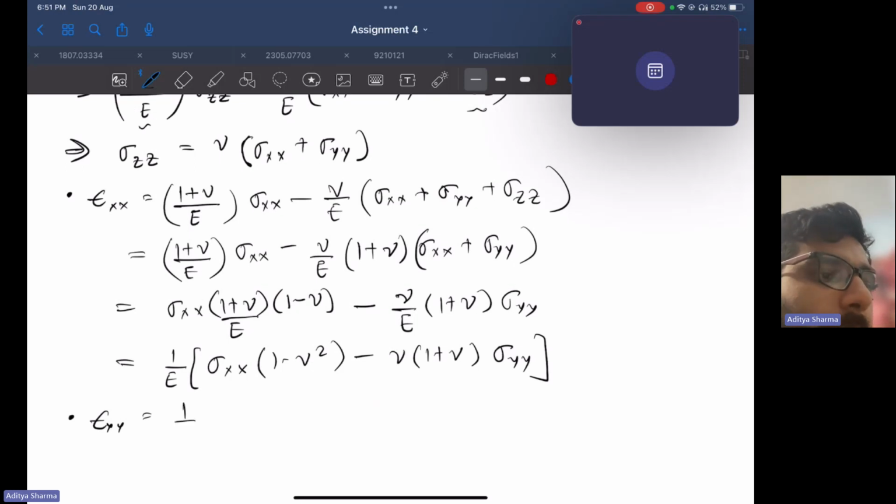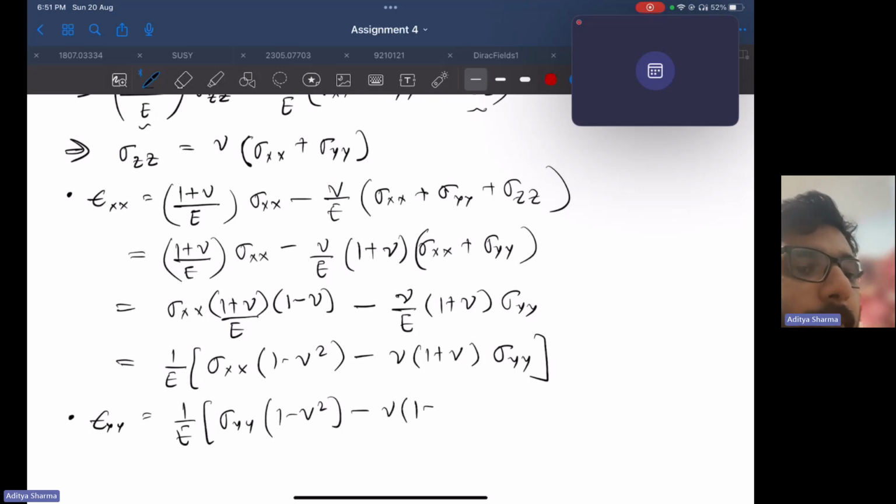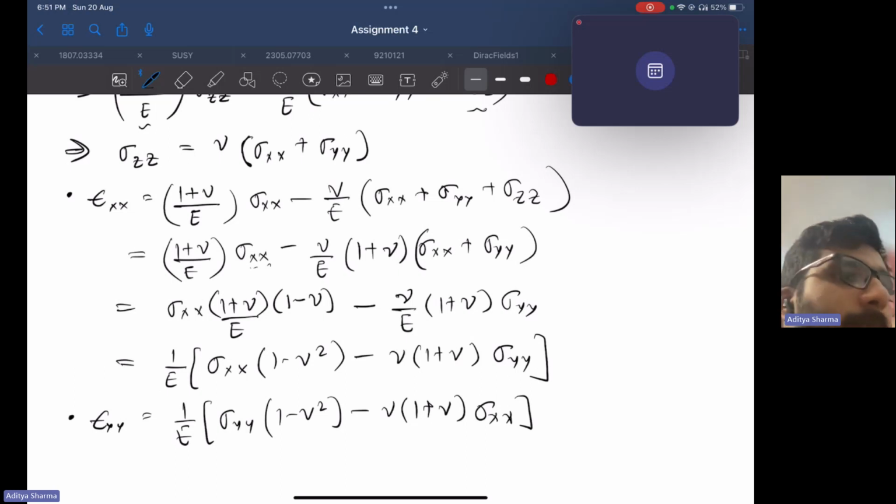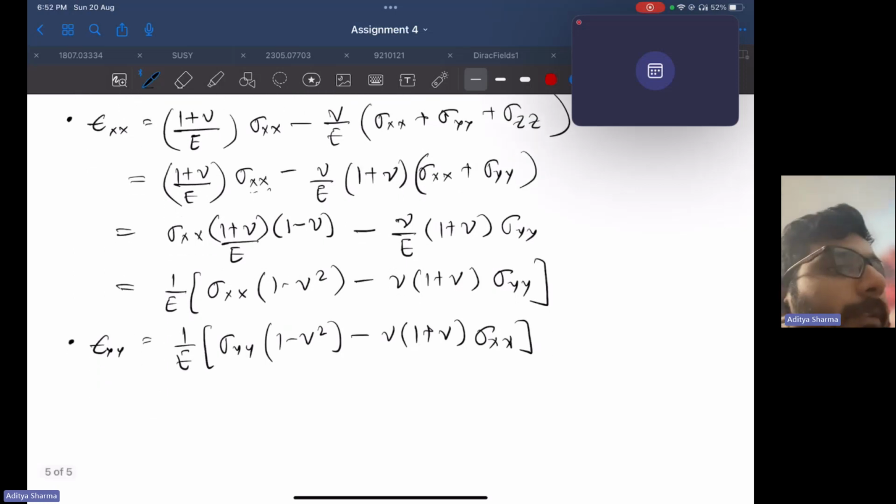So we'll get 1 by E sigma yy times 1 minus mu square, minus mu times 1 plus mu sigma xx. This can be easily seen from the calculation. We'll just be putting yy here, and the rest of it is unchanged. Since there's no difference between xx and yy, it should just be this.